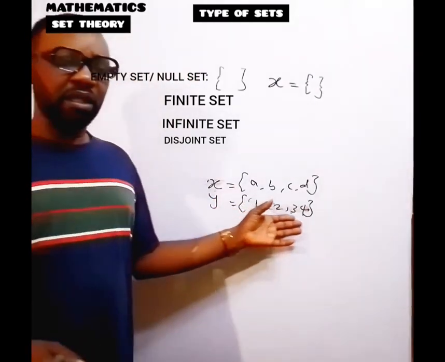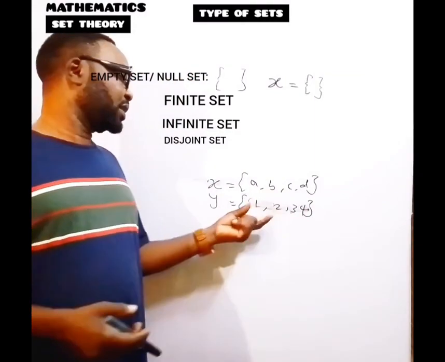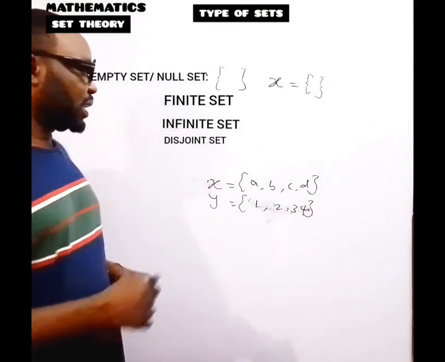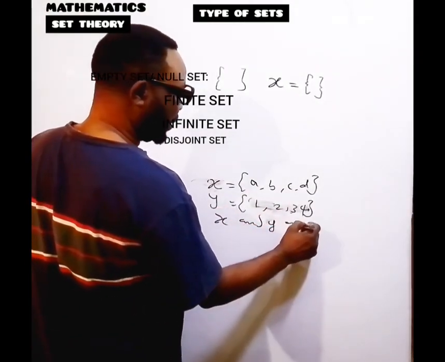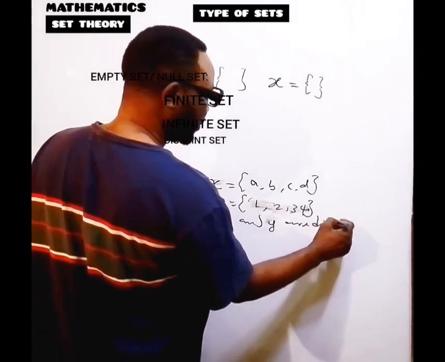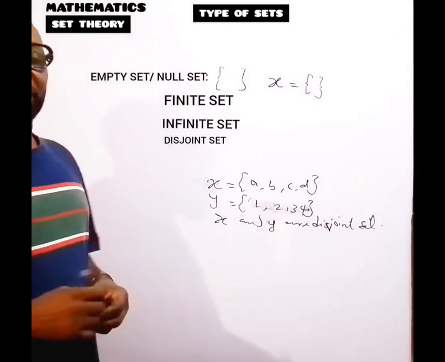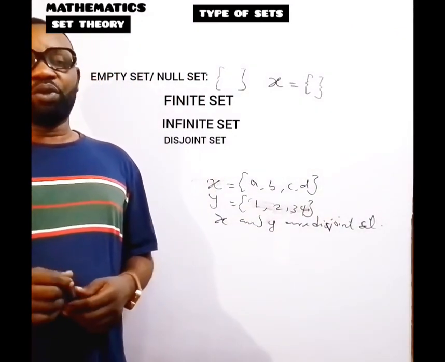You can see that there's nothing common or intersecting between these two sets. So we can say that X and Y are disjoint sets. There's nothing that is common between them.